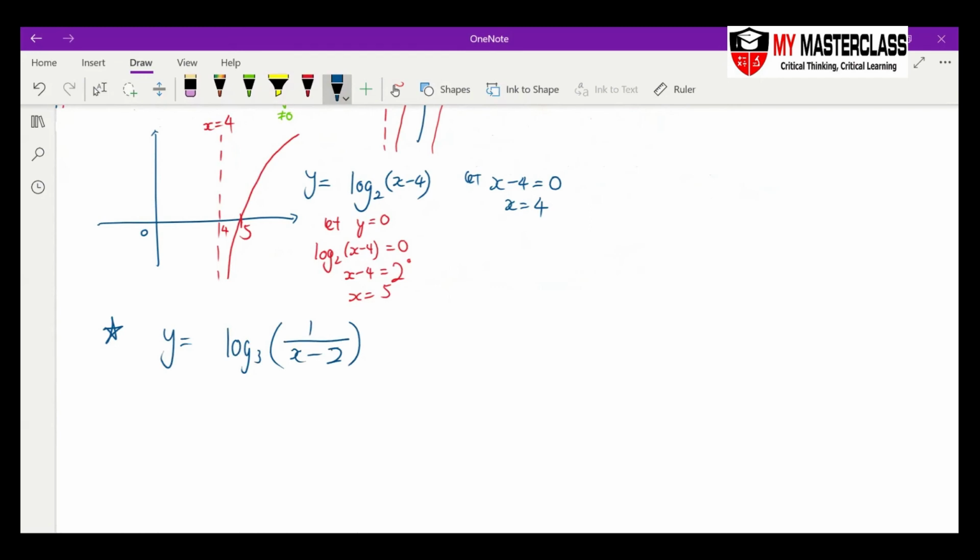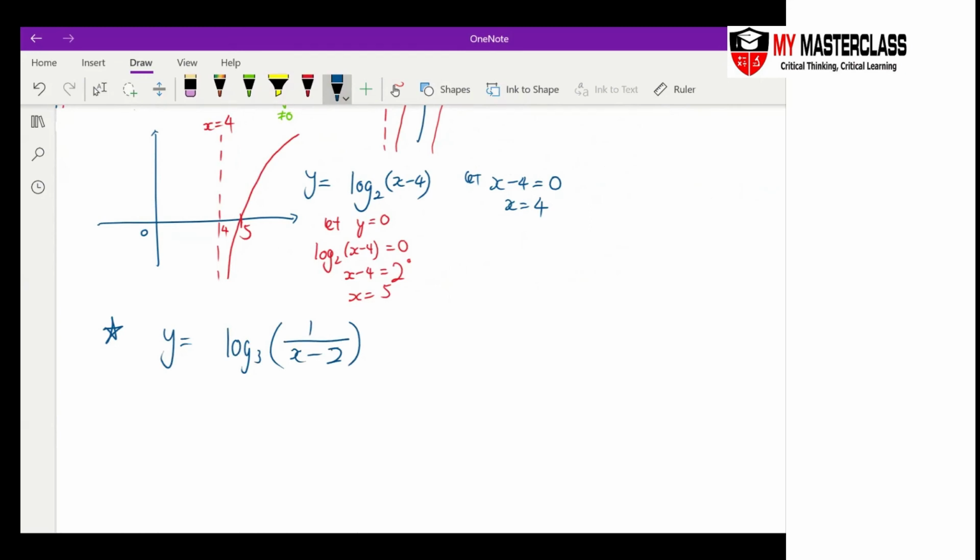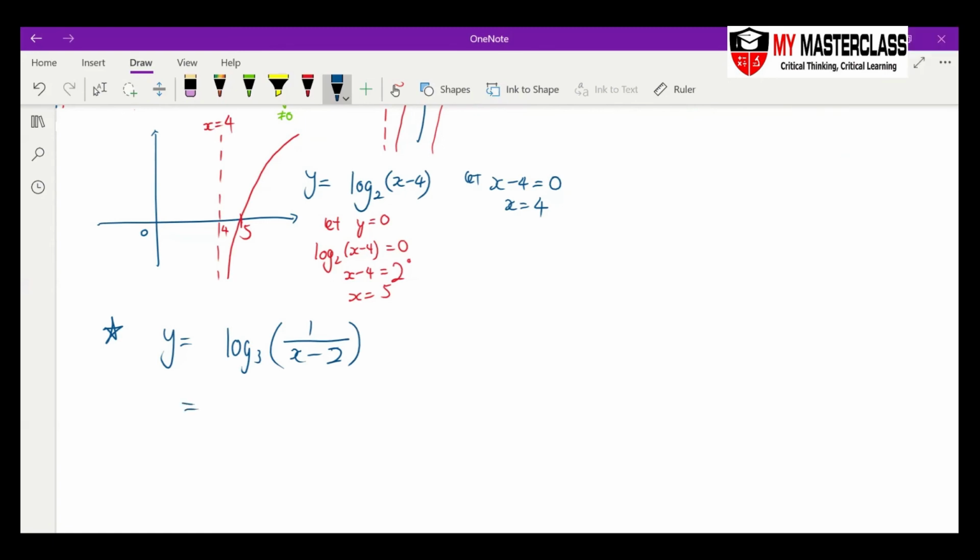Okay, so remember to apply your law of logarithm to this, which means that this guy is equals to log base 3 of (x minus 2) to the power of negative 1. Then the negative put in front, negative log base 3 (x minus 2).